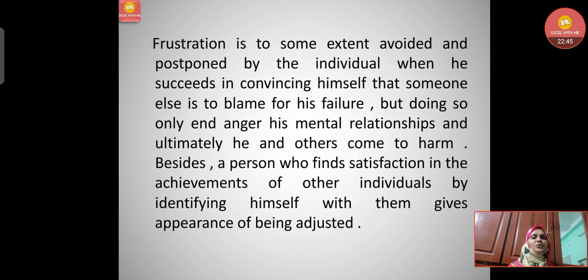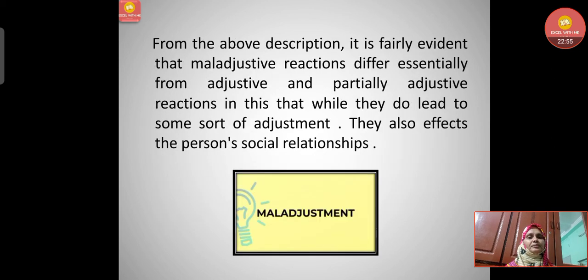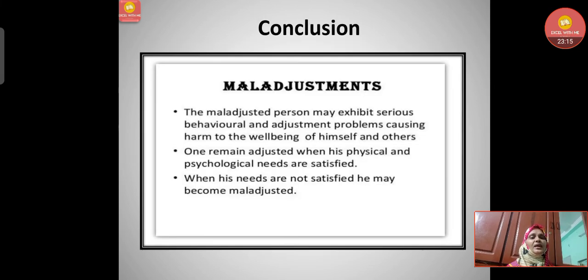Besides, a person who finds satisfaction in the achievements of other individuals by identifying himself with them gives the appearance of being adjusted. From the above description, it is fairly evident that maladjustive reactions differ essentially from adjustive and partially adjustive reactions in this, that while they do lead to some sort of adjustment, they also affect the person's social relationships.